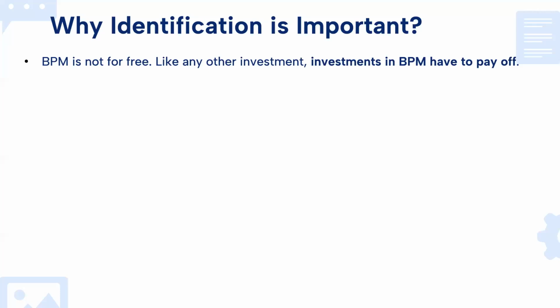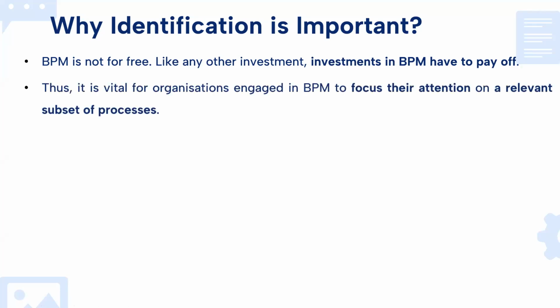So that's why we say we have to properly identify processes within the organization, and there should be selection criteria to select particular processes for improvement. Because investments in BPM are not free. We have to incur time, we have to incur financial resources. Likewise, all of those incurred resources or investments should have a payoff. So that's why we say it's very important.